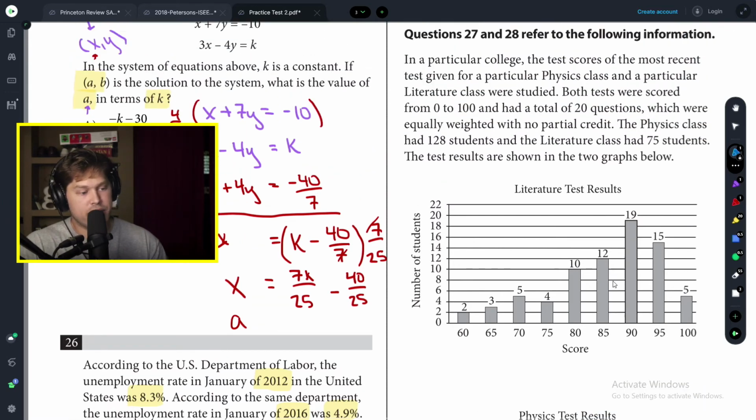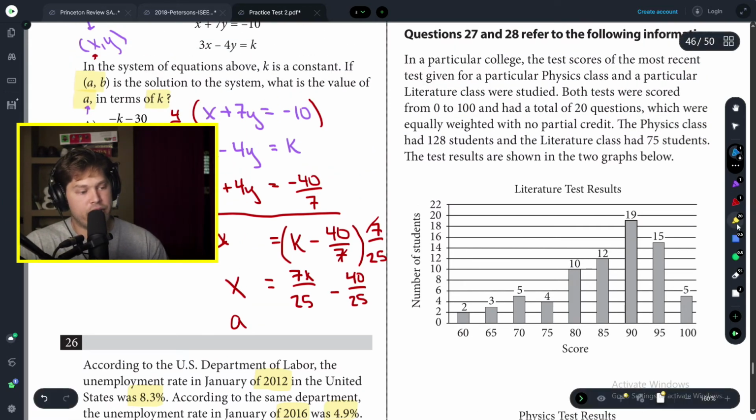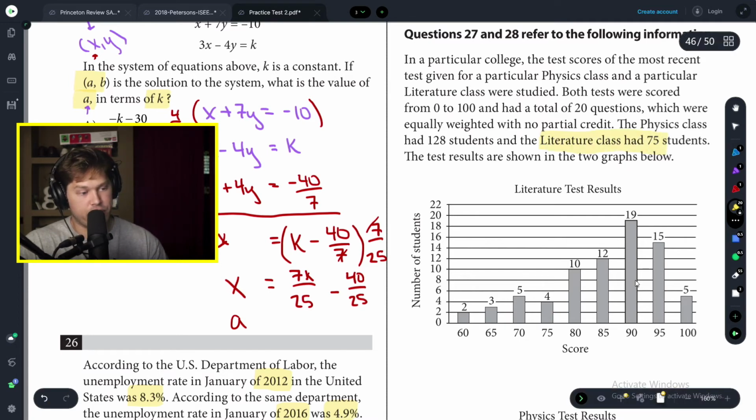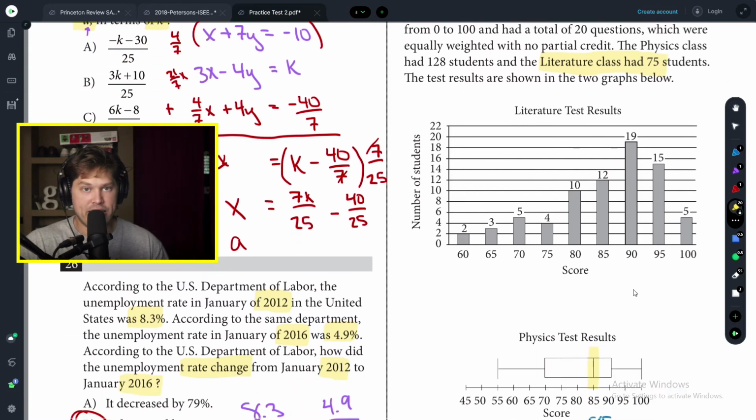Now what about this bar graph? This one's going to be a little bit more work, but we're told that the literature class has 75 students. So the median is just the middle number, right? Half of 75 is 37.5.